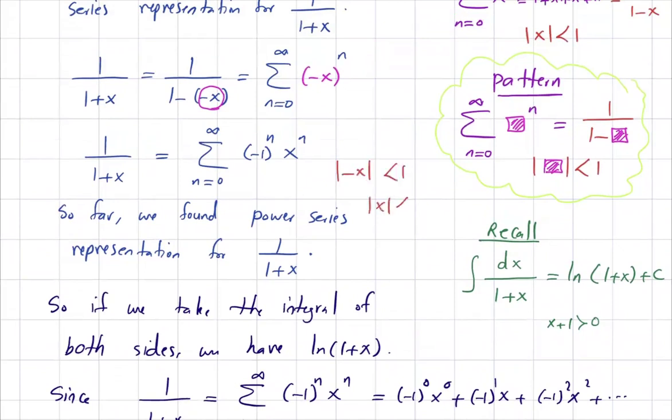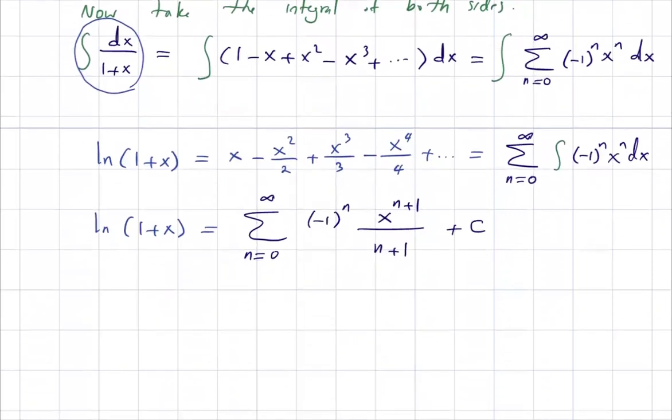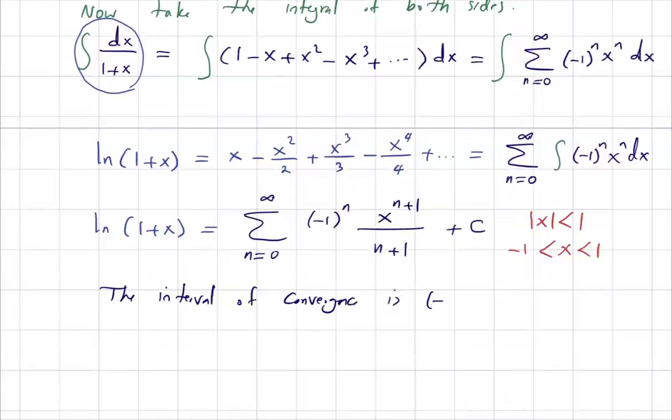So the absolute value of x is less than 1, or x is bounded between -1 and 1. So the interval of convergence is the open interval, -1 to 1.